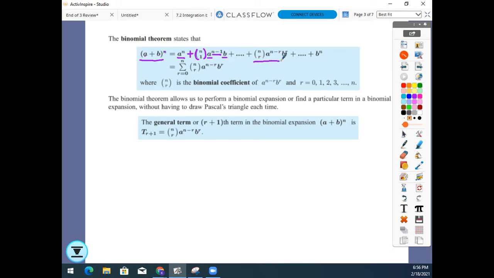And notice the general term is always n choose r.